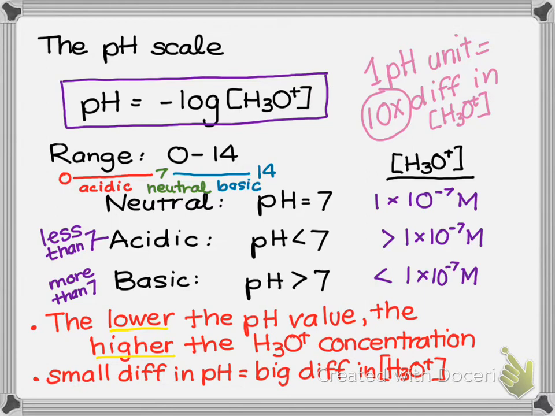Each time you go up a unit in pH, it would be 10 times less acid. For each unit, you get 10 times more or less. So it's a big difference. I'm emphasizing it because a 1 seems so small, but on the logarithmic scale of pH, it's a 10-times difference.